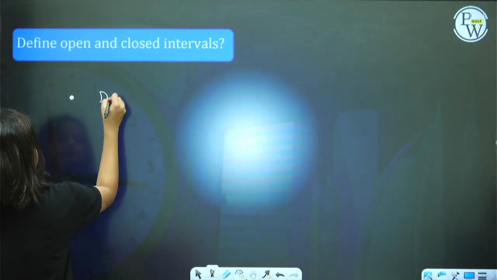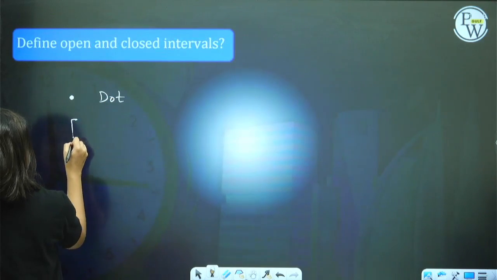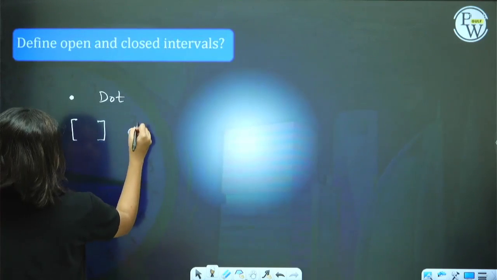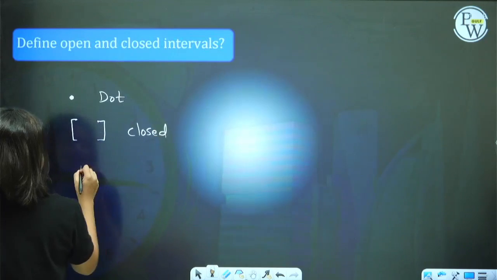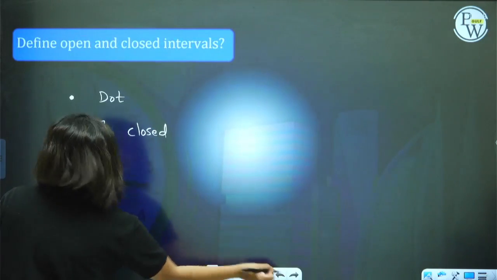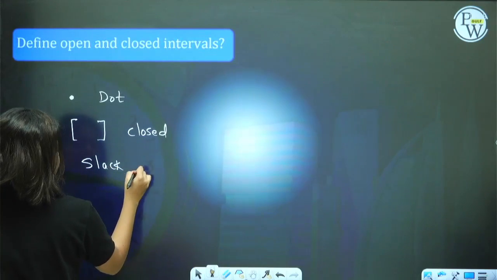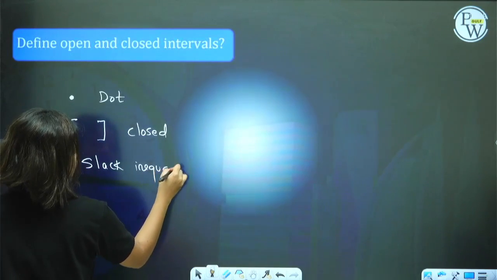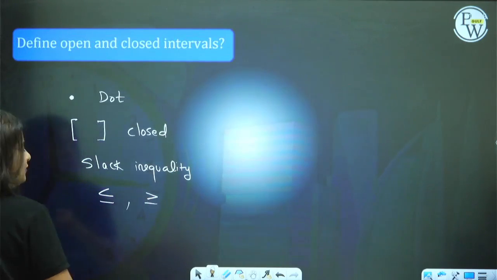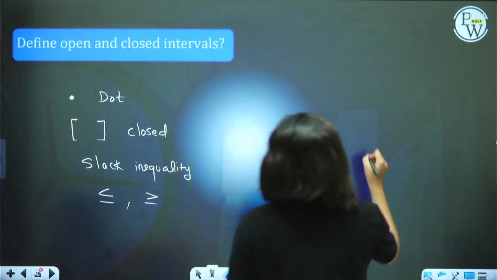Dot is used when you have closed intervals, that is when you have slack inequality. What is slack inequality? Slack inequality means when you have less than equal to, greater than equal to, then in that case dot is used.